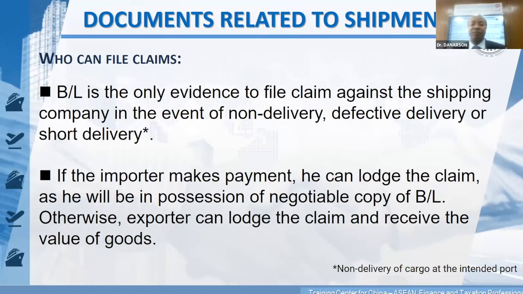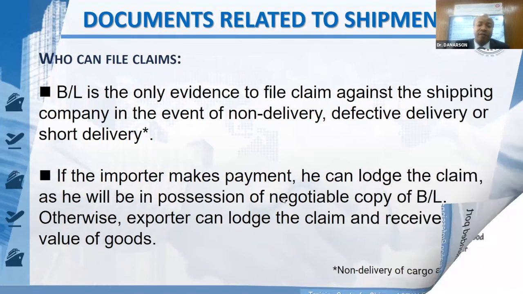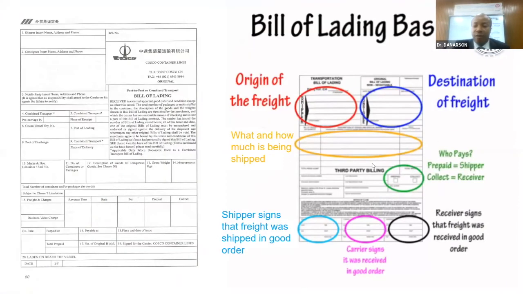Then you can use the bill of lading as a supporting document to sue the one involved. Okay, so if the importer makes payment, he can lose the claim, as he will be in possession of the negotiable copy of the bill of lading. Otherwise, the exporter can lose the claim and receive the value of goods, which is something that I already explained just now.